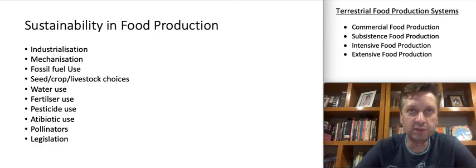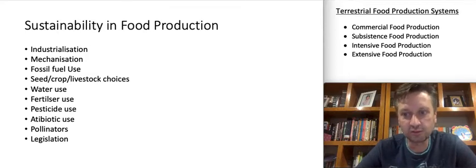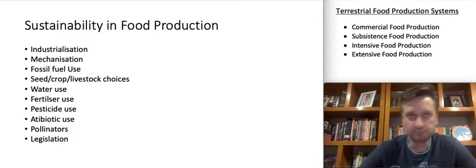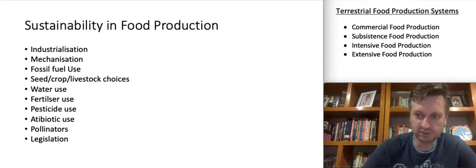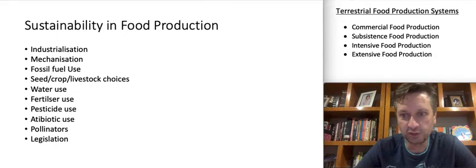1 kilogram of wheat requires about 1,300 litres of water to produce it. Now that might sound like a huge amount of water, but wait till I tell you what 1 kilogram of meat requires. 1 kilogram of maize, about the same, perhaps a little less, about 900 litres of water.